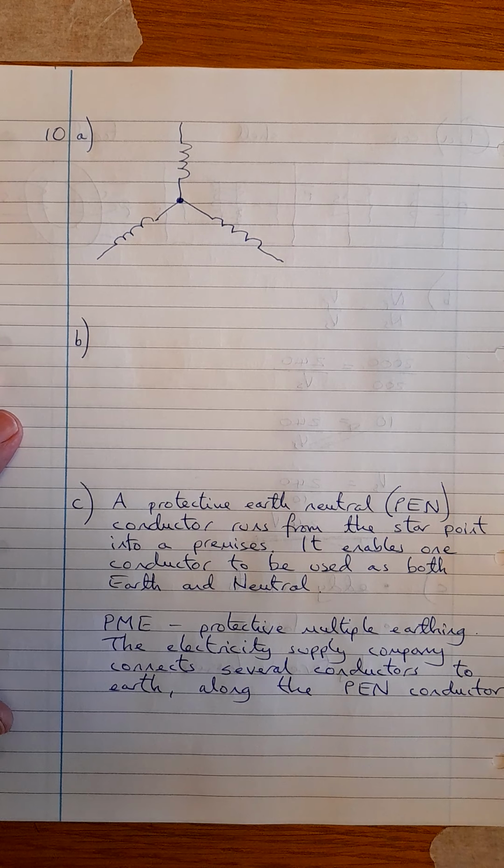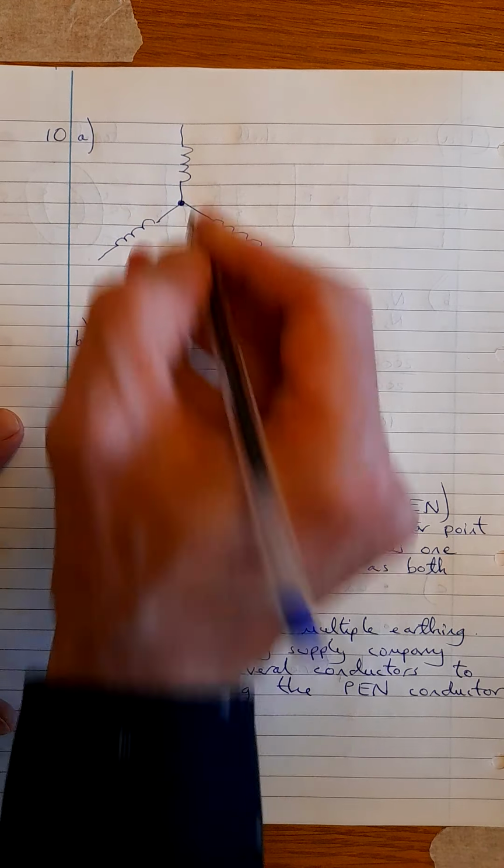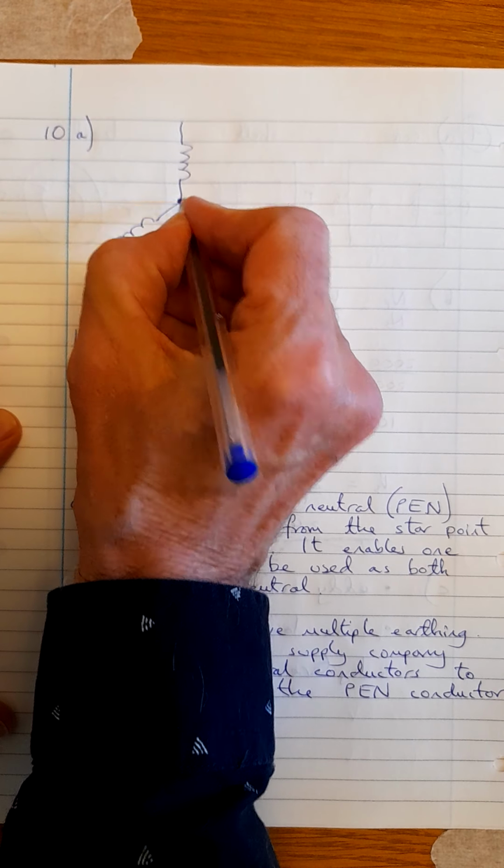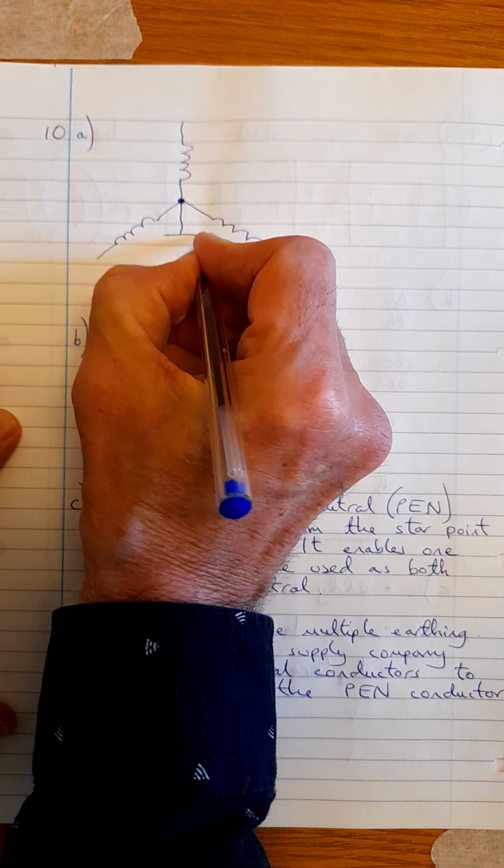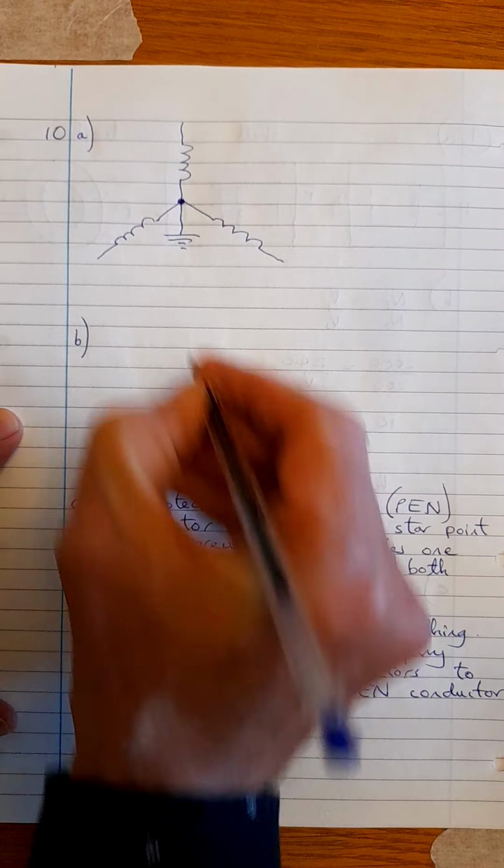So you're asked to sketch and label and identify a star connected transformer and mark on it the nominal voltages. So I've just sketched this out. That's all you're going to do. You're going to have to draw it properly and label it. So the star point goes to Earth.